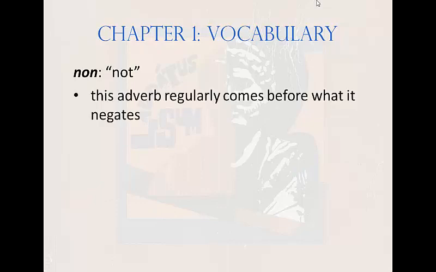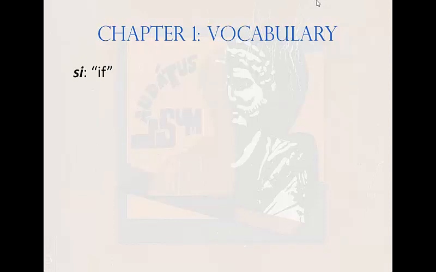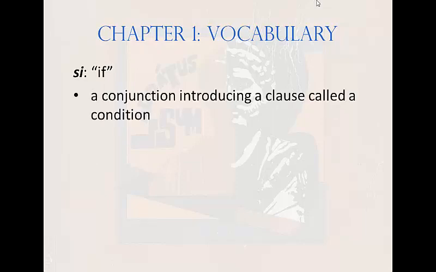Non means not. This adverb regularly comes before what it negates. Saepe means often. It's another adverb, like non. Si means if. This is a conjunction introducing a clause called a condition.